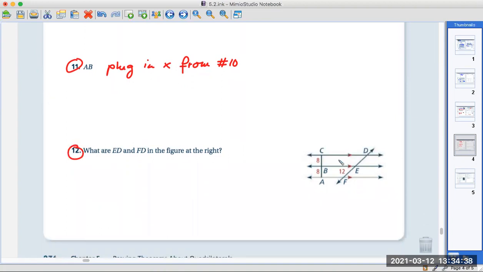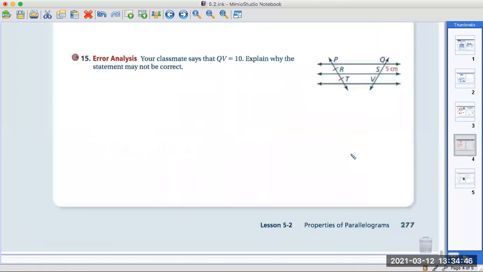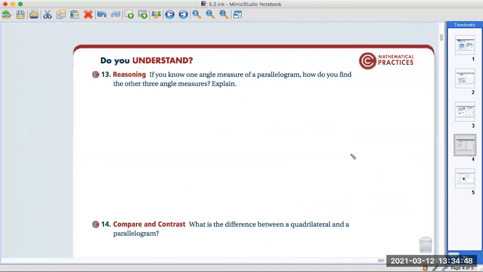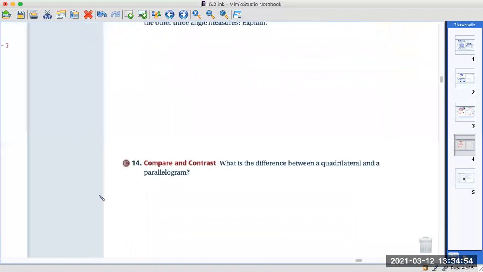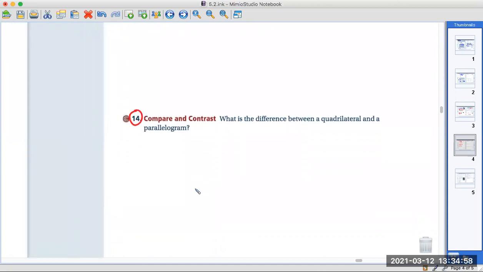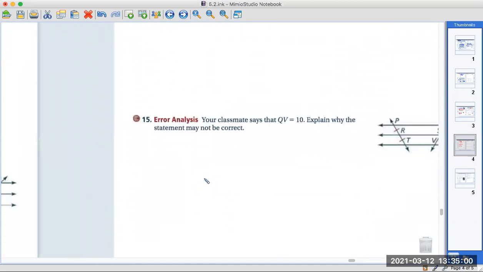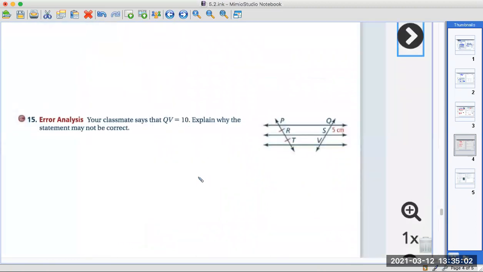I just showed you, if these are equal, these are equal. So that one is 12 as well. And page 277, number 13. Number 14, I talked about what the difference is. Look up in your notes. And then skip 15.